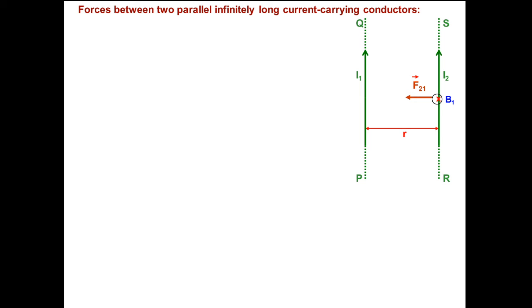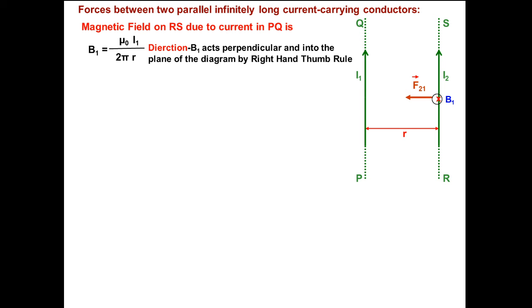The force, as we have discussed earlier, is F equal to I L cross B. So the magnetic field on RS due to the current in PQ first. The magnetic field on this conductor RS is B1, which is due to the current in PQ.